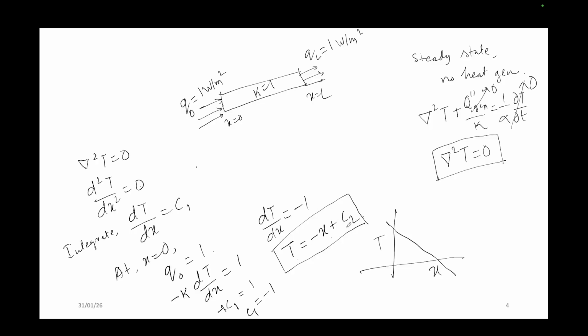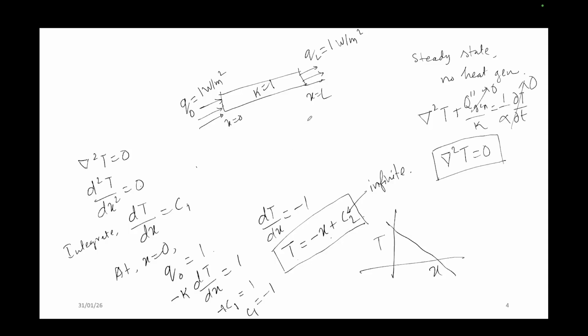So to solve this equation, though it is a solution, how many solutions does it have? As the value of C2 is not known, how many solutions does this equation have? Infinite solutions. C2 can be anything.